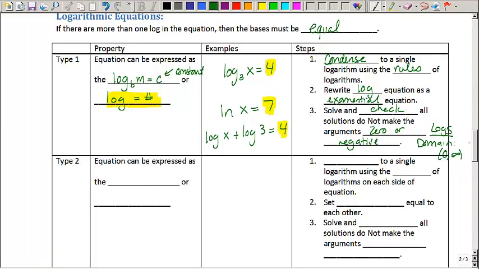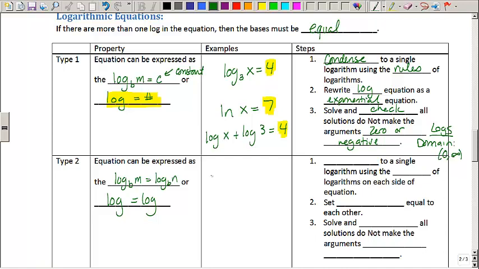The second type of log equations that we'll be working with today are equations that can be expressed as the log base b of some argument equals the log base b of another argument. Again, that's a little bit of a mouthful, so I reduced that to just log equals log.